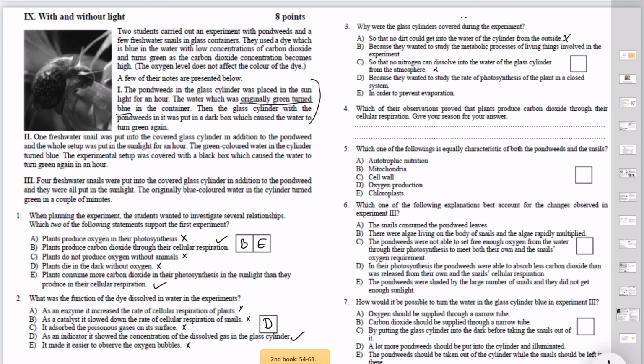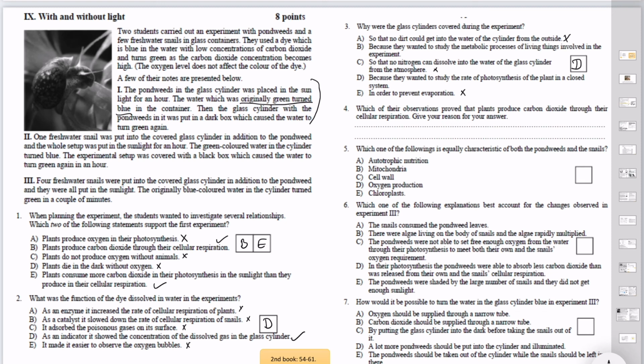Because they wanted to study the rate of photosynthesis of the plant in a closed system. In order to prevent evaporation. So basically, and the key says the same, that B or D are the answers that could be accepted here. I write D, as it is a little bit more specific for me, but B would also be accepted.